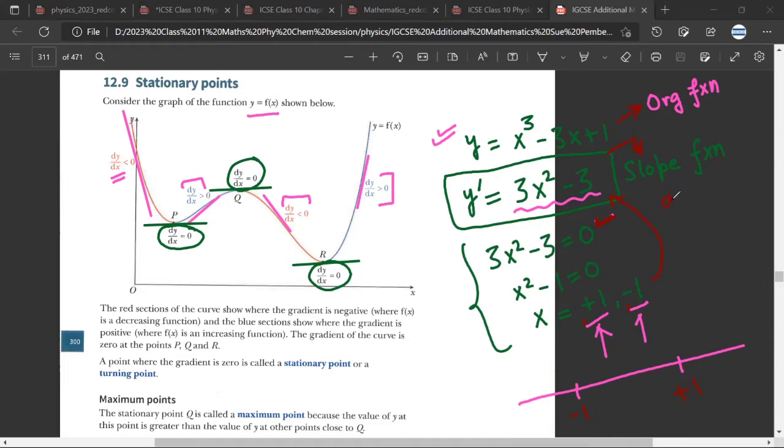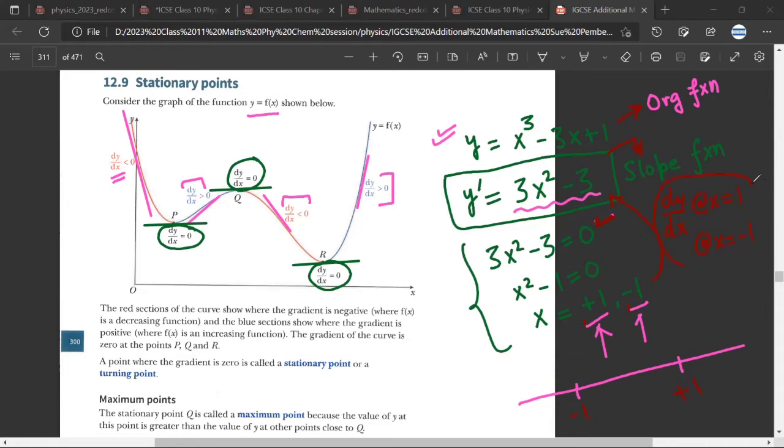Now, what I'm trying to tell you, Avantika, is that if I want to analyze this result, dy by dx at x is equal to 1 and at x is equal to minus 1, at these 2 points, the slope of the function is 0. Am I clear? Yeah.